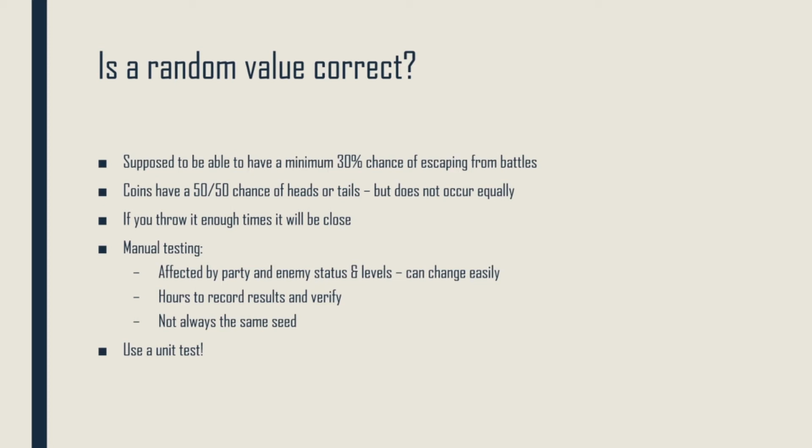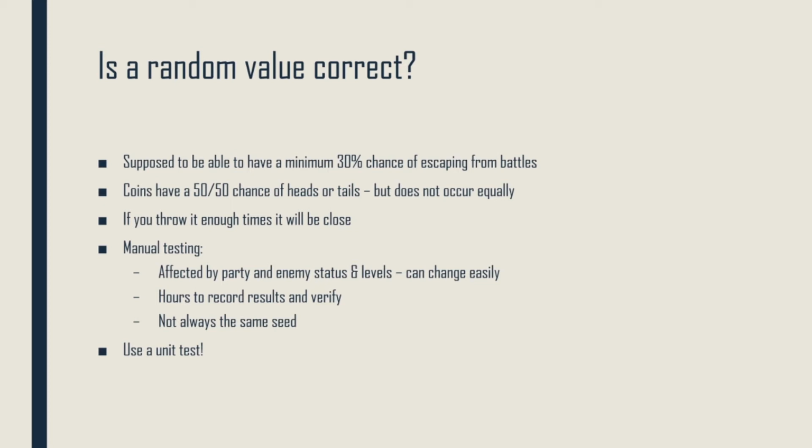And the problem with these probability questions, does it actually happen 30% of the time, is that if you were to flip a coin 2 times in a row, sometimes you'll get heads or tails both times, right? Even though it has a 50-50 chance. But if you throw that coin enough times, it will eventually be close to 50-50.